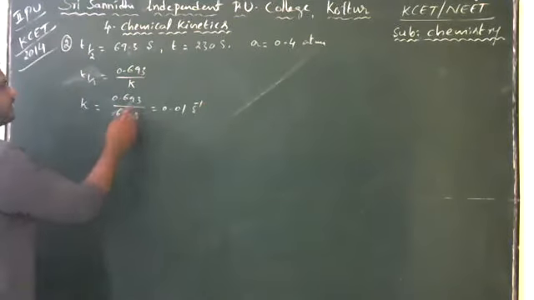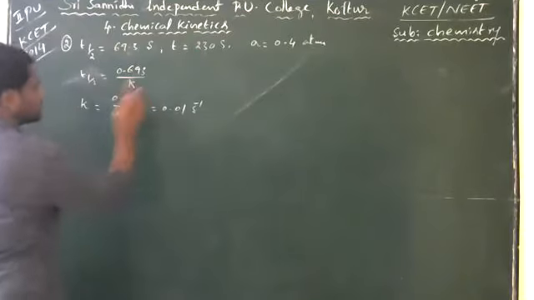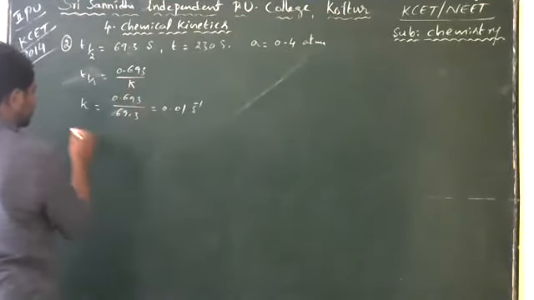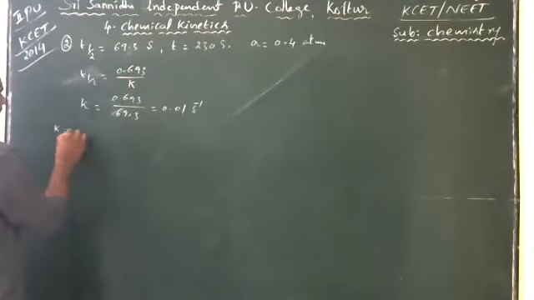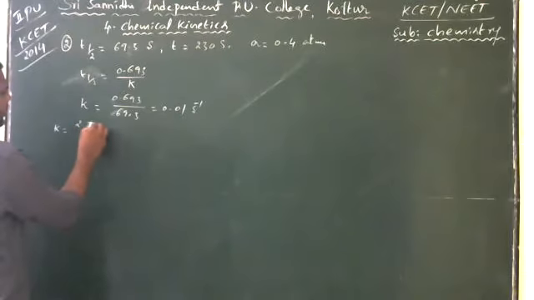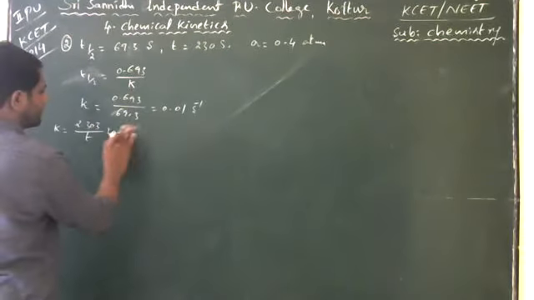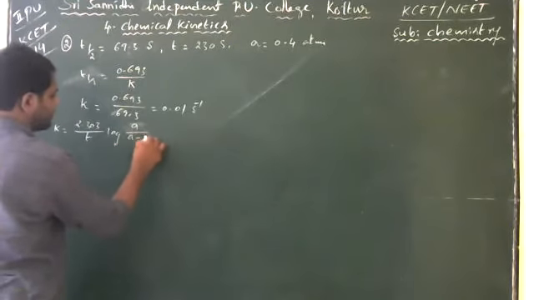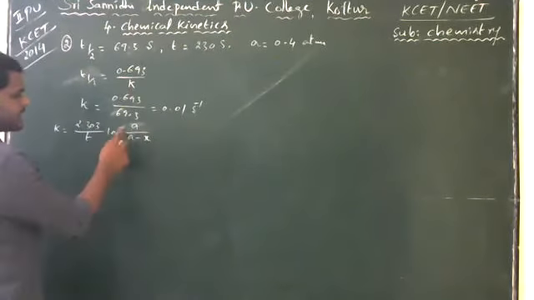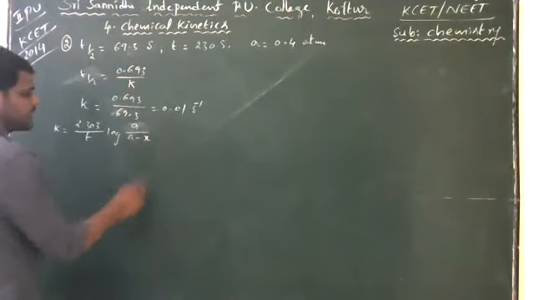Next, time is given, 230 seconds, so we can find directly that K is equal to 2.303 divided by T log A divided by A minus X, where A is the initial pressure and A minus X is the pressure remaining after the reaction.